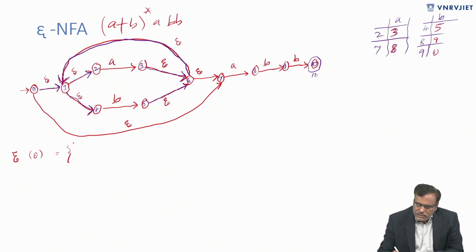Epsilon closure of S means first S is added to the epsilon closure of S. So as per that, this 0 is going to get added.